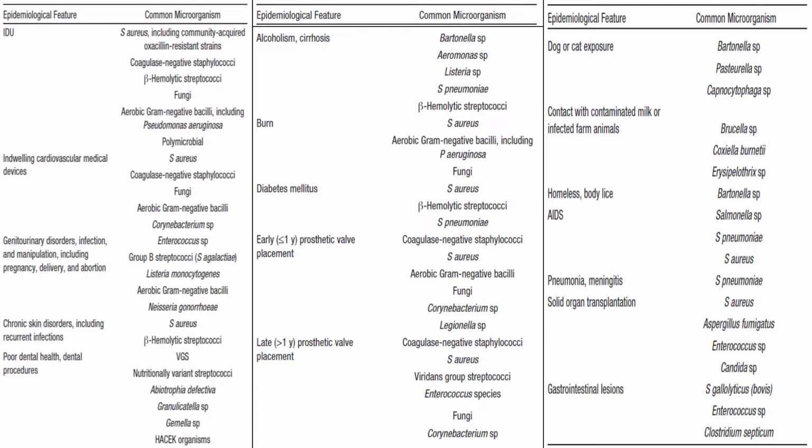For example, the classic is dog or cat exposure: you can guess Bartonella or Pasteurella. Contact with contaminated milk of infected farm animals, you can suspect Brucella or Coxiella. Homeless, you suspect Bartonella, like this. You can find this table in the guideline from the USA.